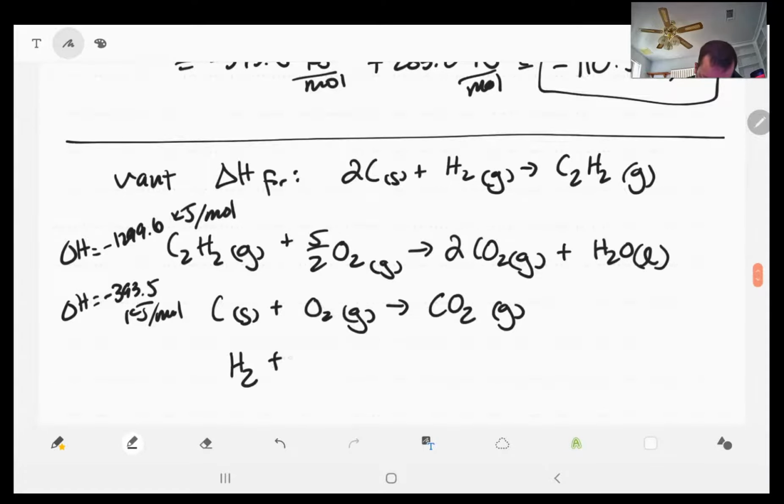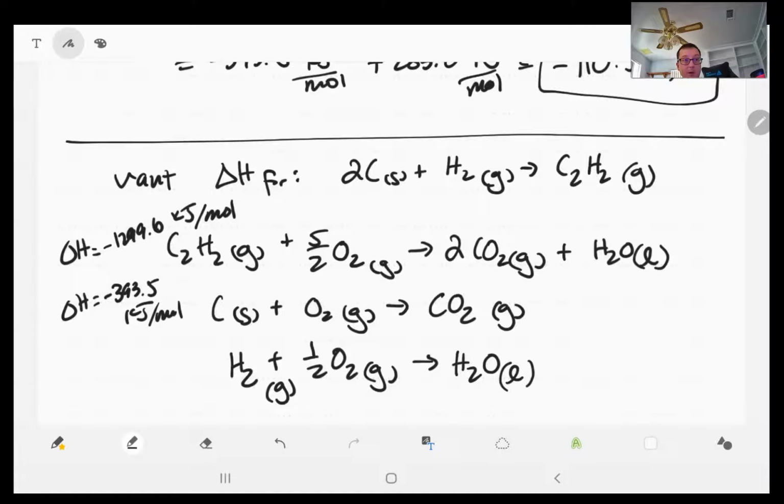So all of these are easy reactions to do. Right? Combusting things, pretty standard. Things that are very easy to do in a calorimeter. We can burn things and get their delta H values. Speaking of which, that one is negative 285.8.